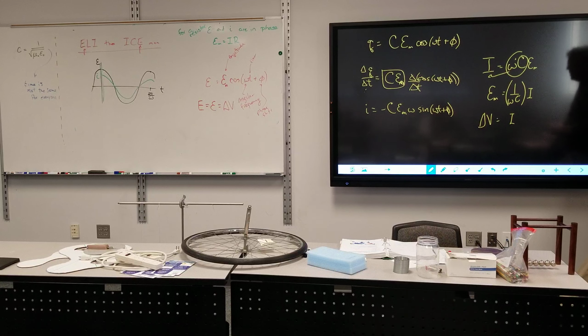So what the powers that be decided to do is to call it something else. It's not resistance. It'll be represented by the capital X, lowercase c, and this is the capacitive reactance.